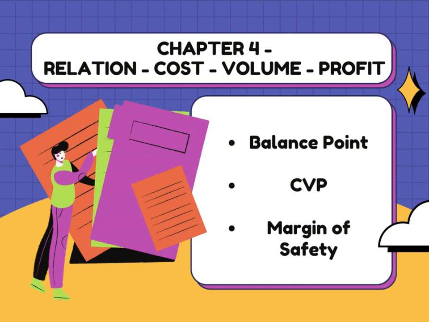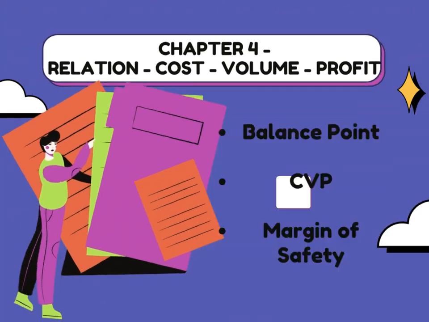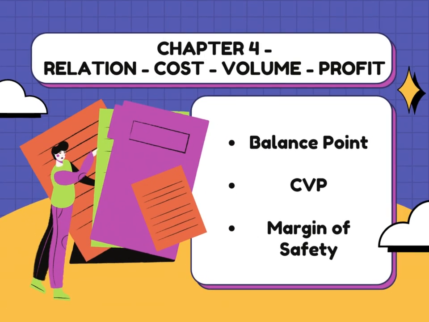The assumptions underlying CVP analysis include constant sales price, constant variable cost, constant fixed cost, single product or uniform sales mix, short-term analysis, constant efficiency, constant revenue, no inventory fluctuations, and no income tax considerations.